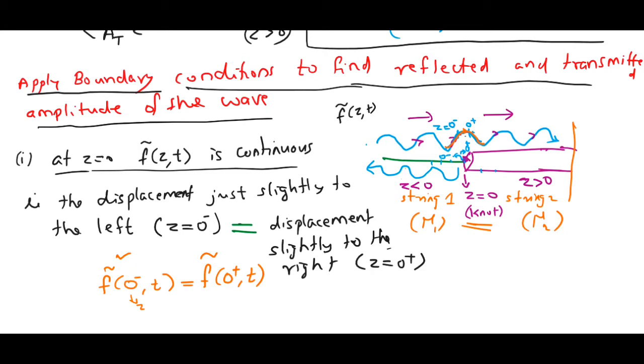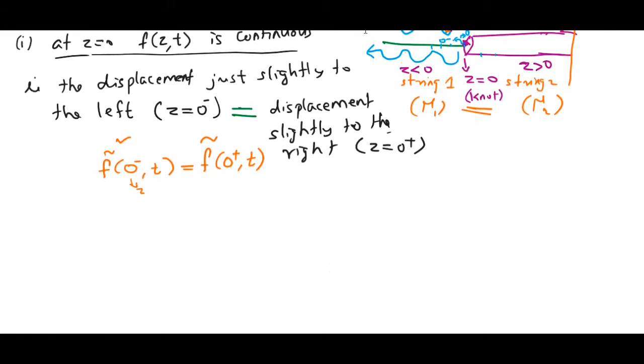Next, the second boundary condition. The second boundary condition is this one. If this function is continuous at the boundary, our incident wave, if it is transmitted to the second medium, then this is the point of z is equal to 0.